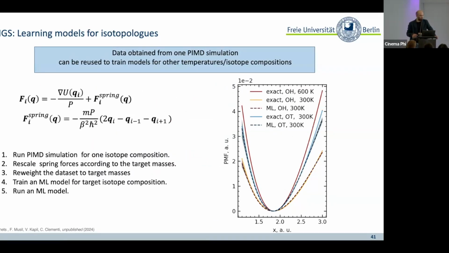This is useful, especially because generating data at high temperature is cheaper, right? Because you need to simulate fewer replicas. And by reweighting this distribution, we can really get the same result that you would get simulating the bigger ring polymer at a different temperature, for example. And this is an example of the results that we can get.